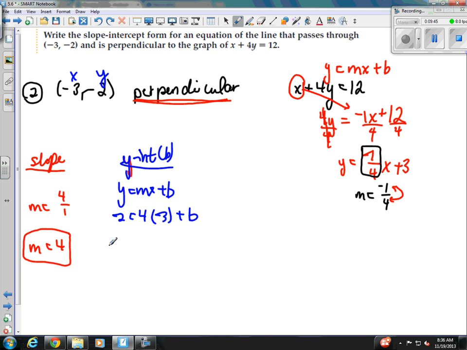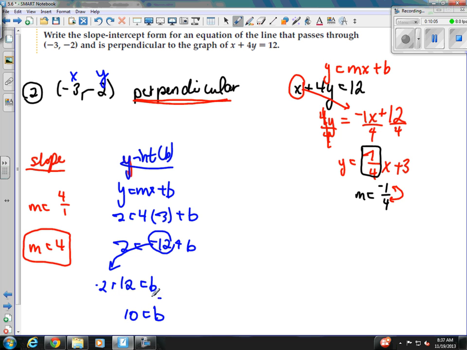So simplify, 4 times negative 3 is a negative 12 plus b. So we're going to keep our negative 2 on the left and bring over our negative 12 and make it a plus 12 equals b. Negative 2 plus 12 is 10.